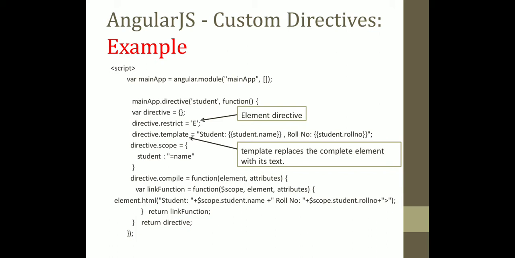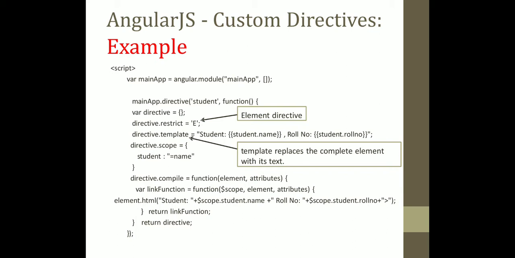Next is directive.template, and in that template we have used student.name, roll number, student.rollno, and directive.scope equals to, in that student will be equal to name. So what this template will do is replace the complete element with its text.